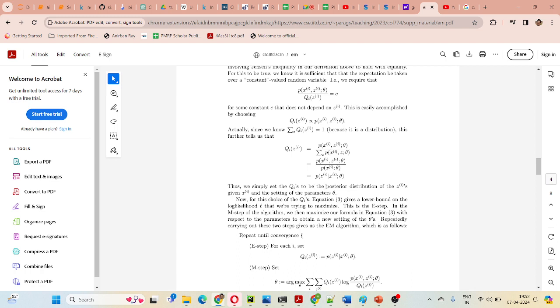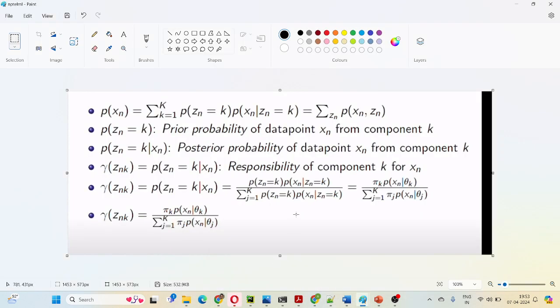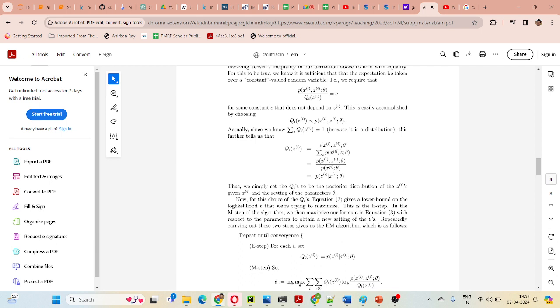Now we simply set Q to be the posterior of zi given xi and the setting of the parameter theta. This choice of Qi gives a tighter bound.